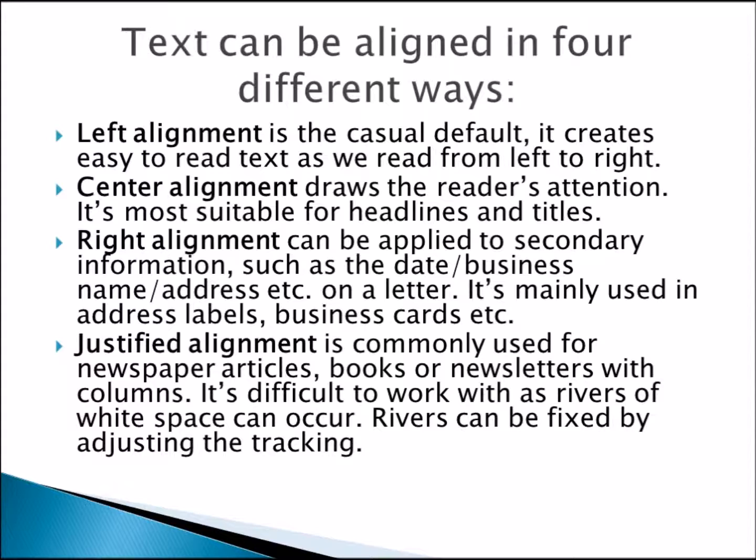It's mainly used in address labels, business cards, and etc. Justified alignment is commonly used for newspaper articles, books, or newspapers with columns. It's difficult to work with as rivers of white space can occur. Rivers can be fixed by adjusting the tracking.